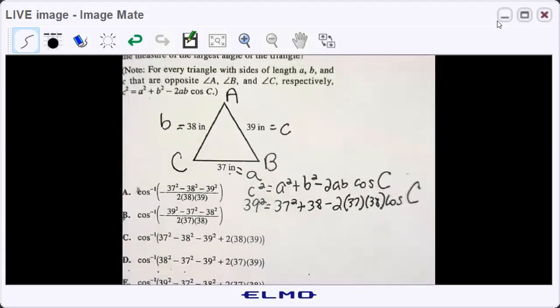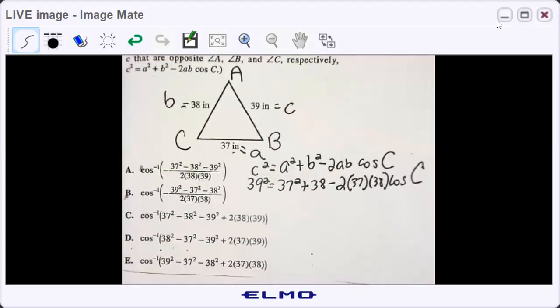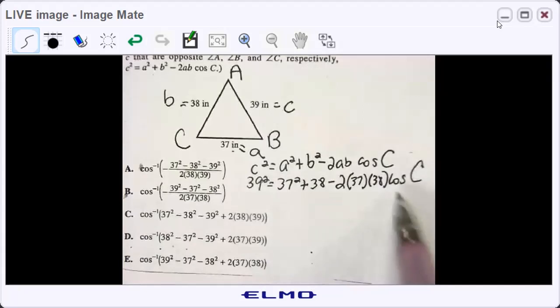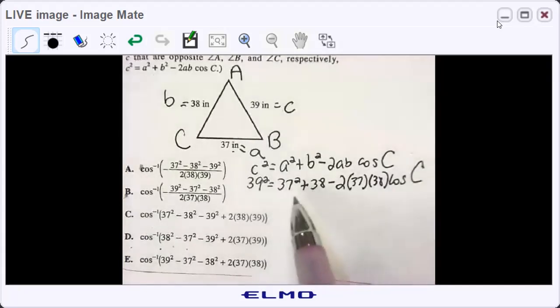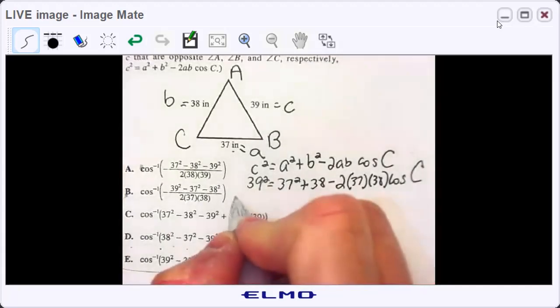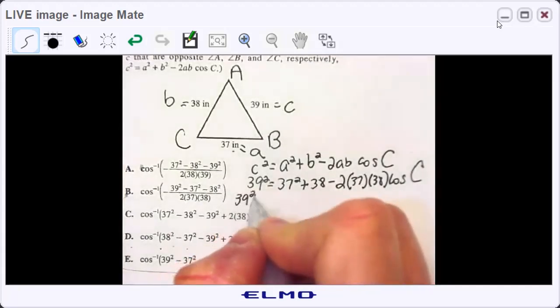All right, now if we want to start trying to solve this, we need to get everything moved away from this cosine of C, starting with the things that are being added. So we're going to subtract them on both sides. That will give us this result.